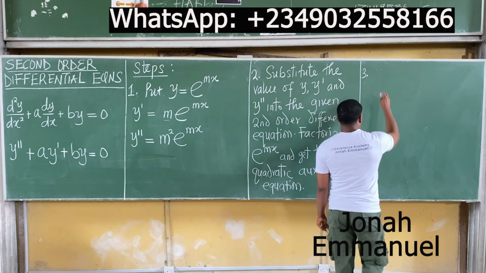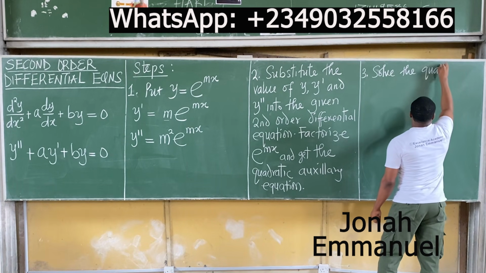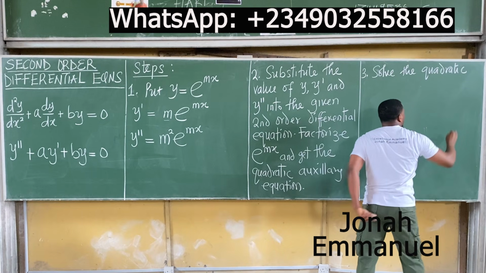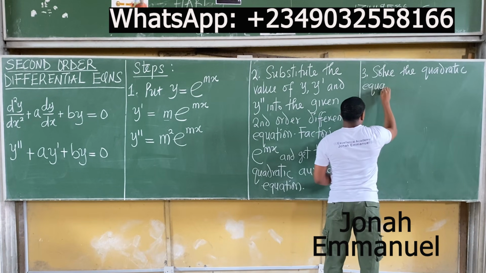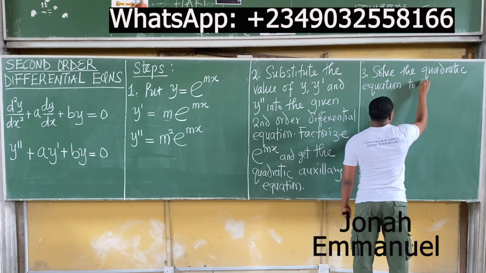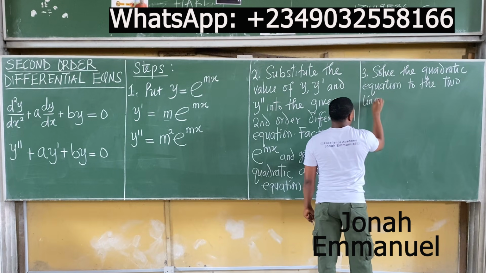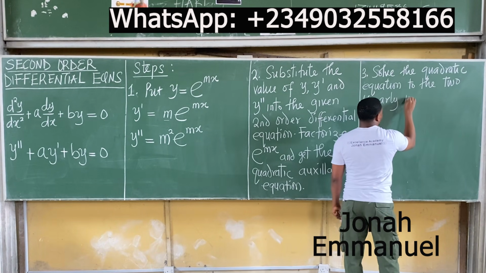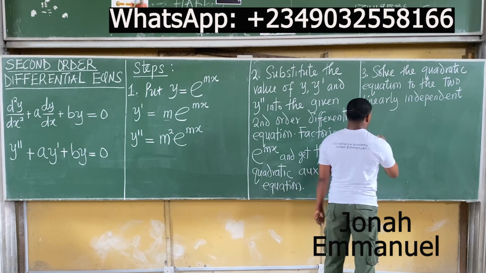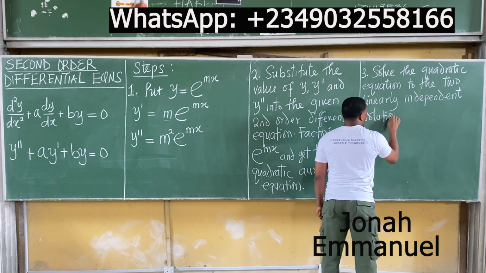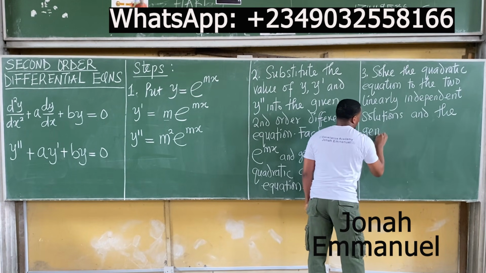Solve the quadratic equation to get the two linearly independent solutions and the general solution.